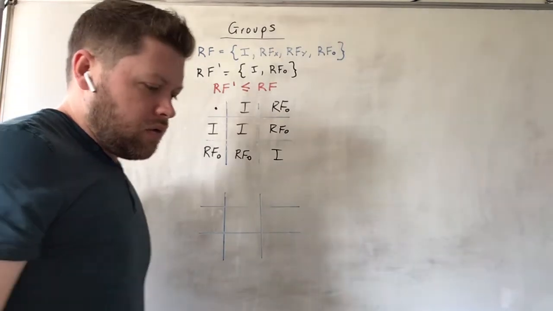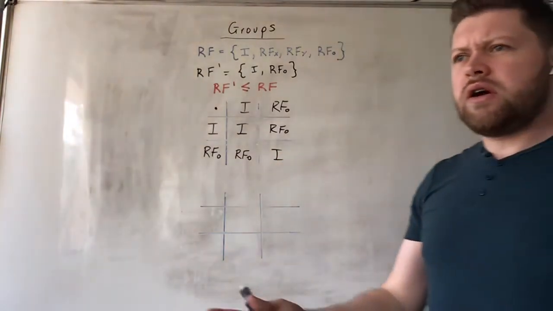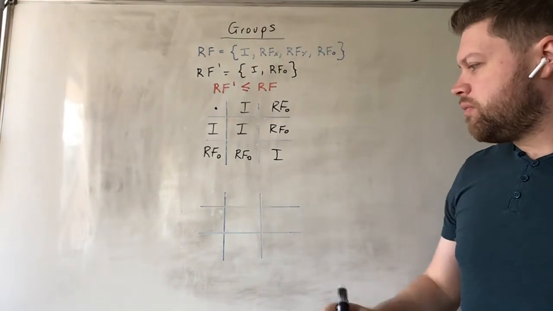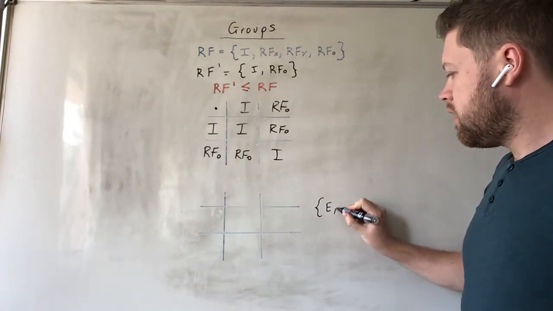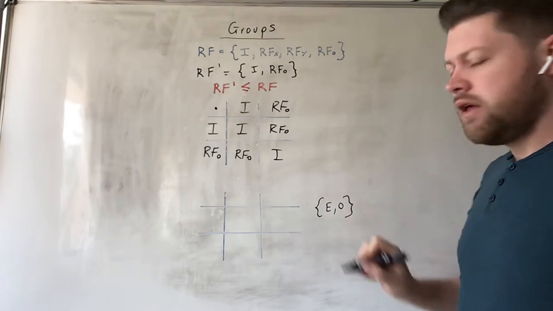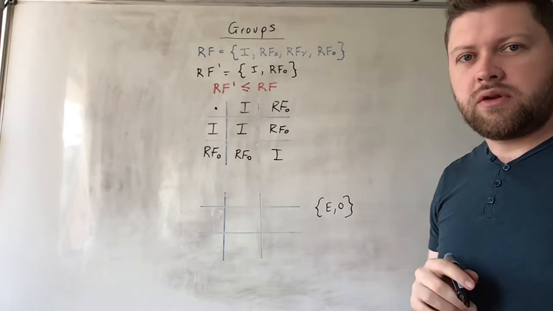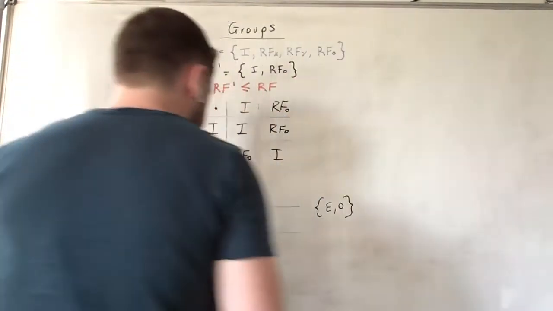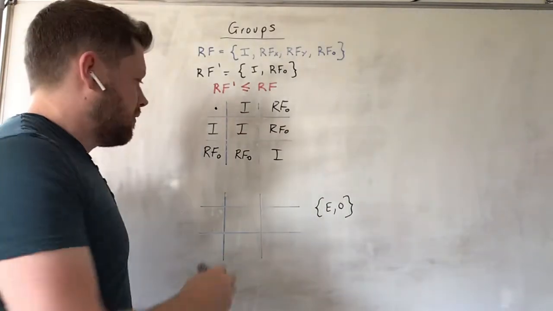What's interesting now is to explore a different group altogether. I'm going to take the group of even and odd integers. We can do out the multiplication table the same as always.